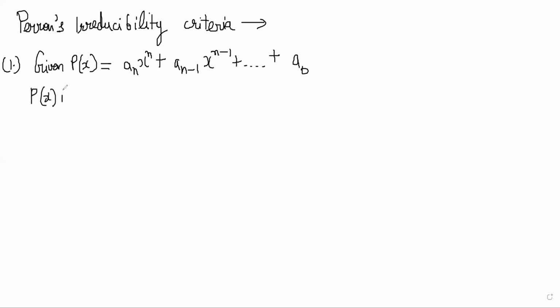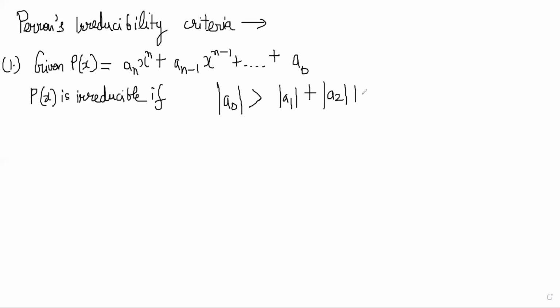So what we'll say is, given p of x is equal to an x power n plus an minus 1 x power n minus 1 and so on till a0, p of x is irreducible if you have mod of a naught is bigger than mod of a1 plus mod of a2 plus mod of an, when mod of a naught is a prime.